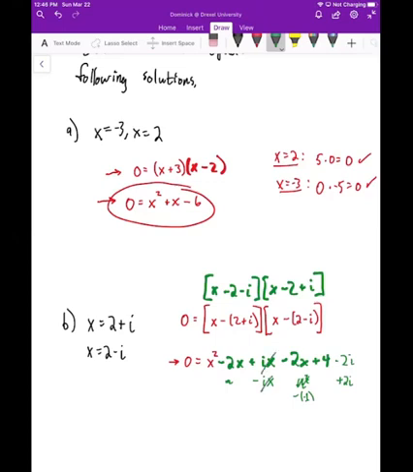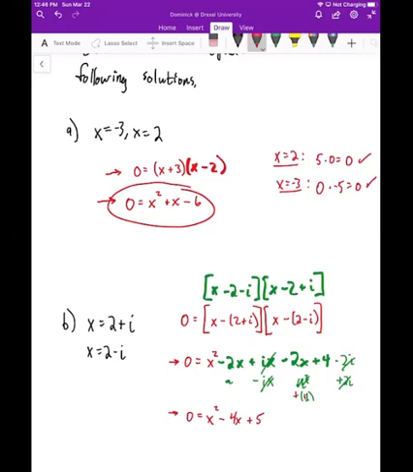So these ix's cancel, these 2i's cancel. And it looks like our equation, when all is said and done, will be an x squared. And then my two x terms are minus 2x, so minus 4x. And then I have this minus negative 1, which is like plus 1. And then we get a plus 5.